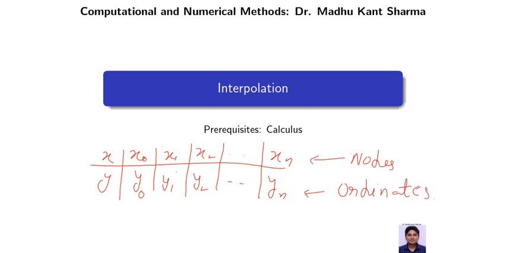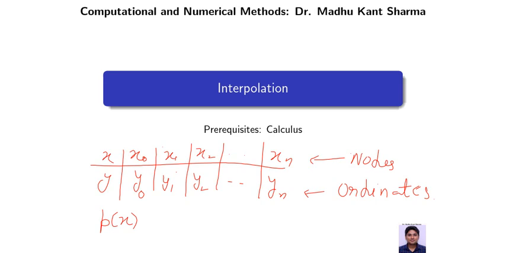And we wish to find a smooth curve which passes through the given data set of points. Okay, so we are interested in finding a polynomial, say p of x, of lowest degree. So you have been given a data set of n plus 1 points.